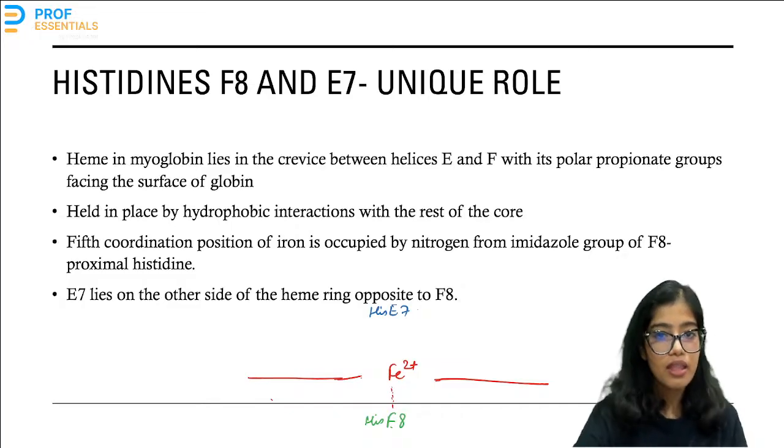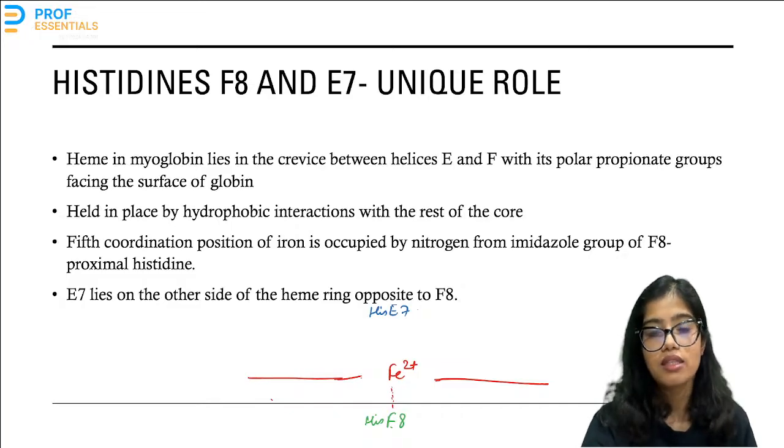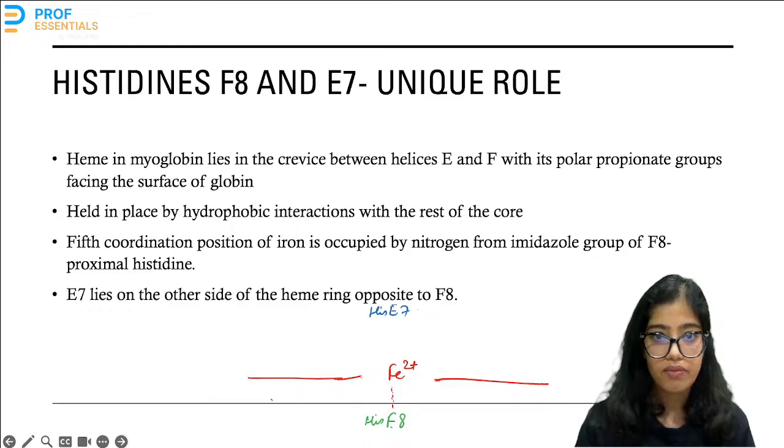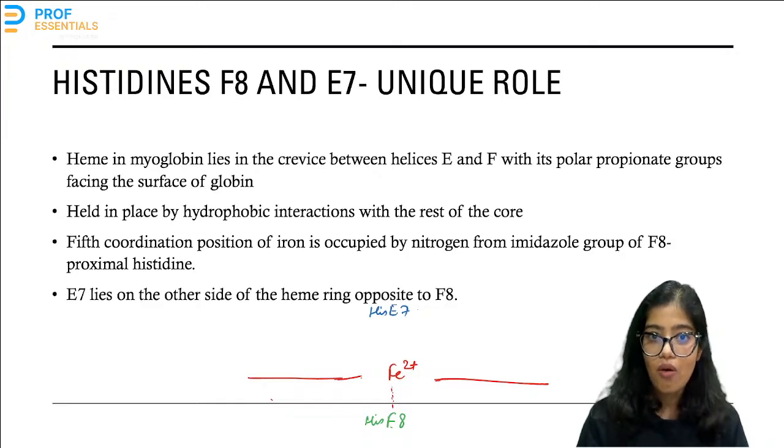Now, what happens is, this iron has to attach to oxygen. When oxygen forms a coordinate bond with iron, the bond between oxygen and iron can easily be accommodated in this space here.